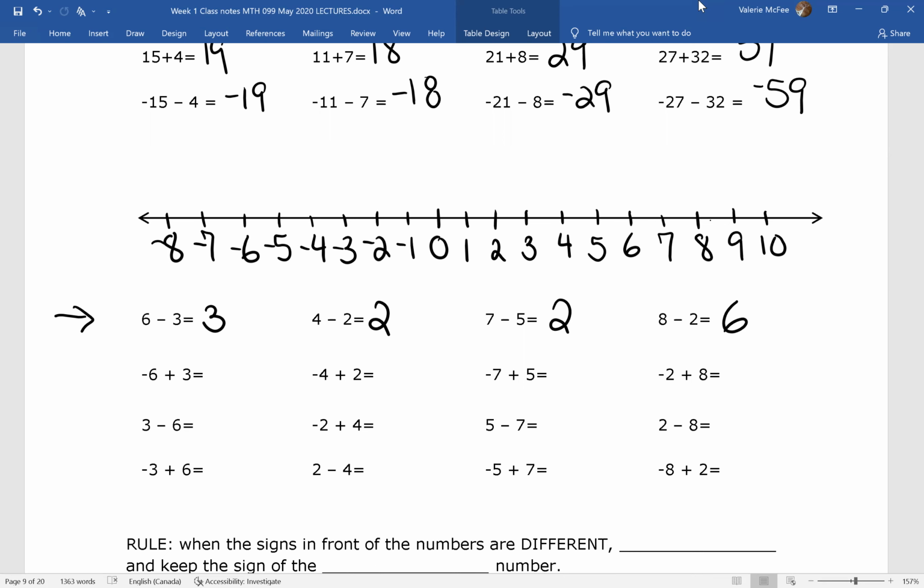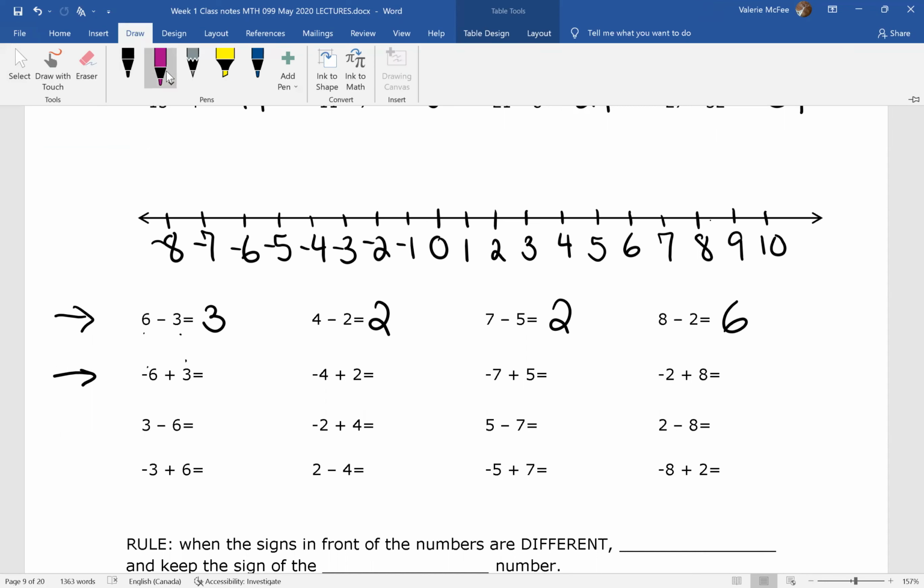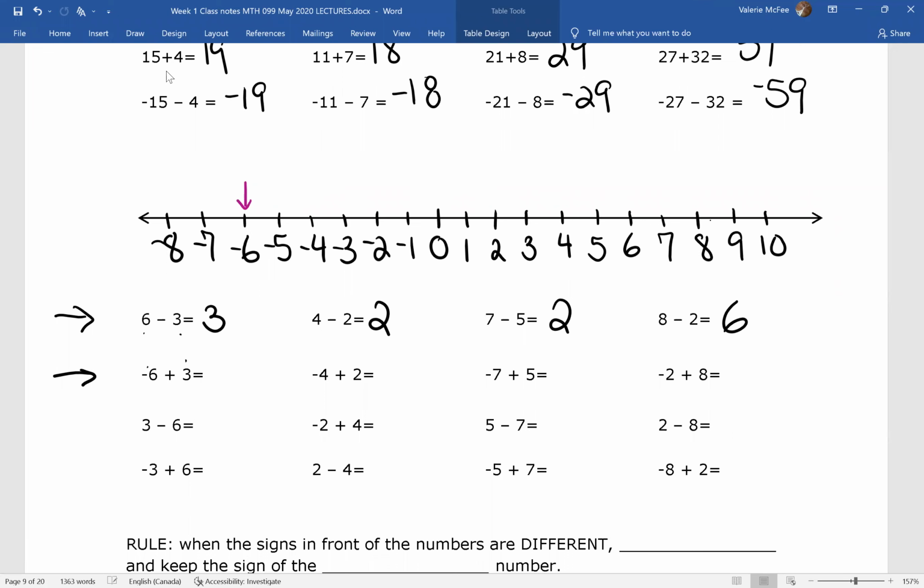But now compare them to the questions just below. We have the same numbers, 6 and 3. But in this question, the 6 is negative and the 3 is positive. If we use our number line here, it means we're going to start at -6 and we're adding 3.